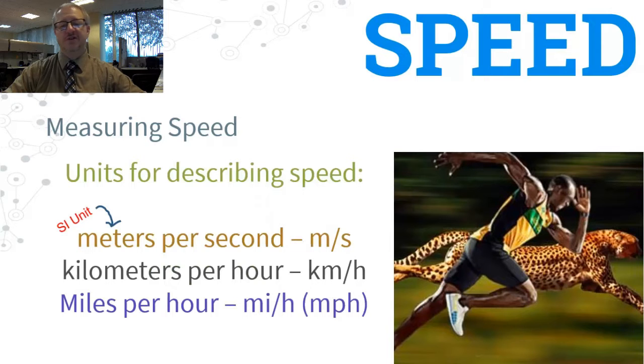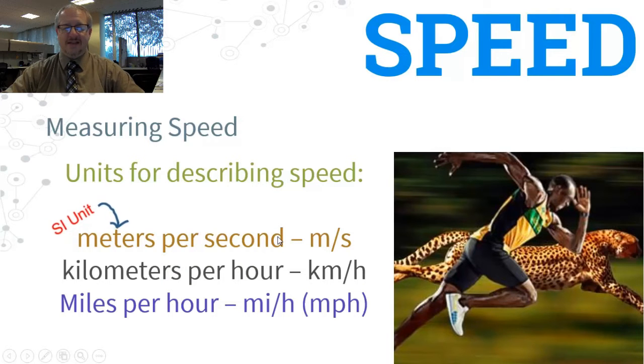We can use a number of different units when we describe speed. You're probably very familiar with this last one here, miles per hour. We all tend to write it as mph, but technically it's mi divided by h, or miles per hour is how it's said. We also have meters per second, m/s, and that happens to be our SI unit, by the way.